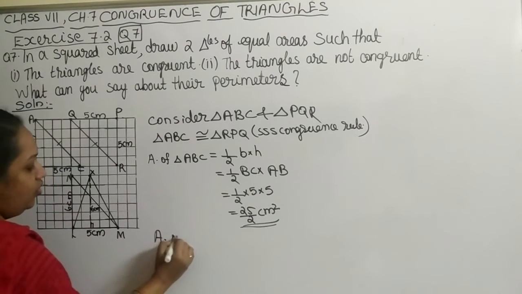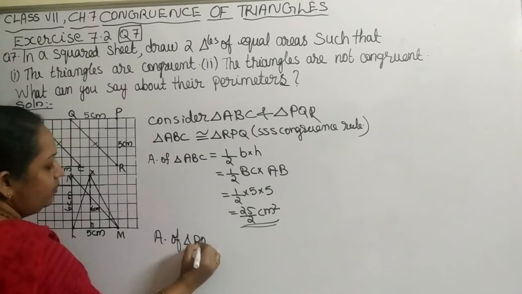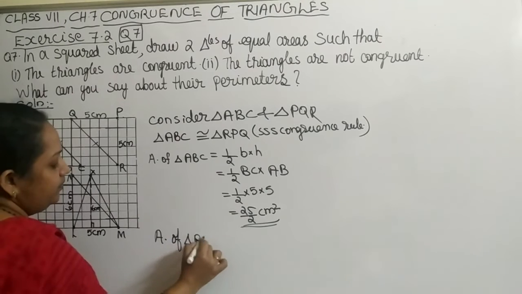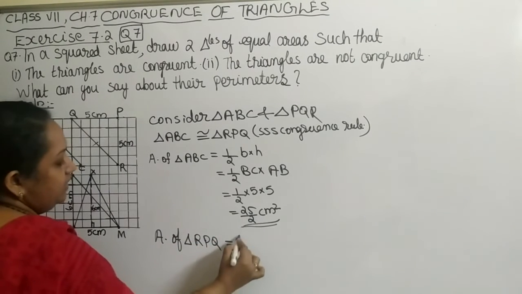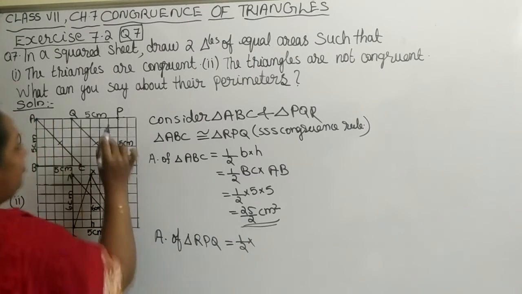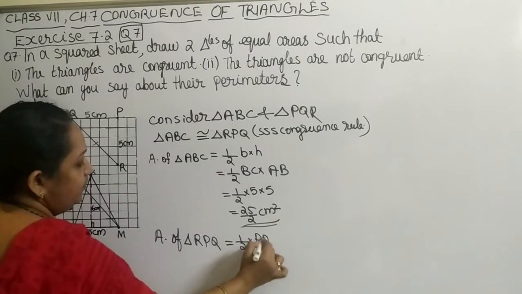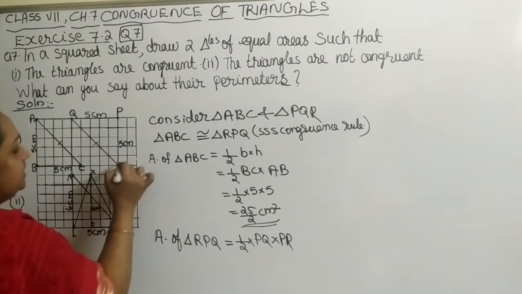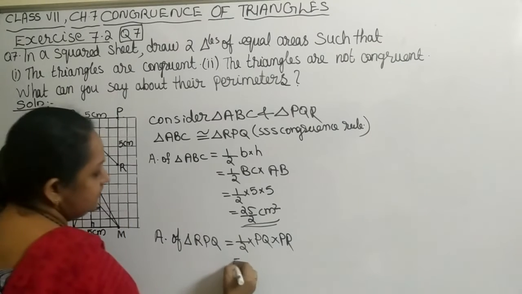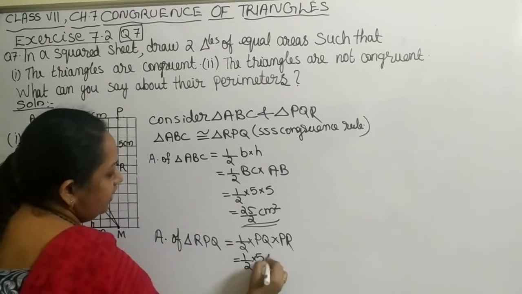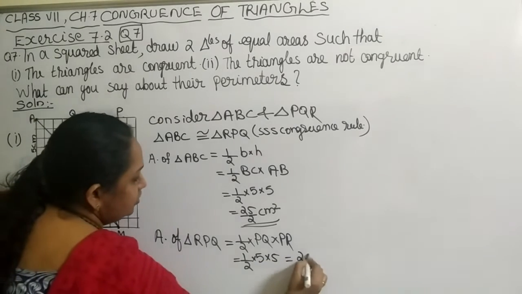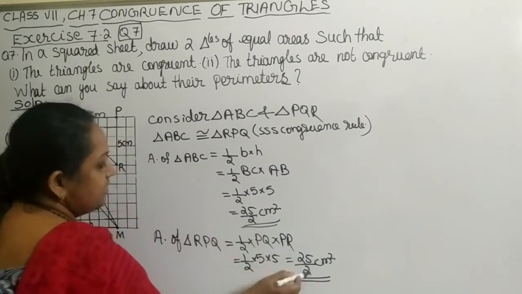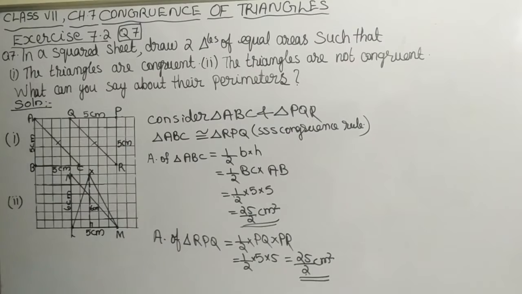Similarly, area of triangle PQR, or we can write it as RPQ, half into base is PQ into height is PR. We can see PR is 5 centimeter, PQ is 5 centimeter. Half into 5 into 5, that is equal to 25 upon 2 centimeter square. Now you can see that the area of both the triangles are equal.